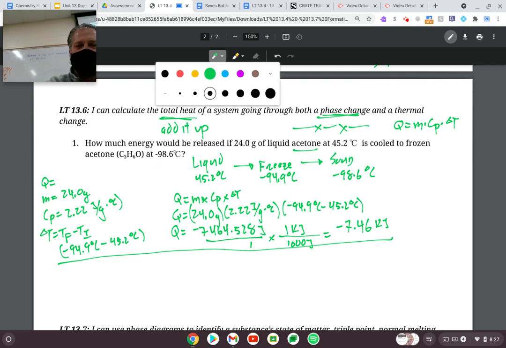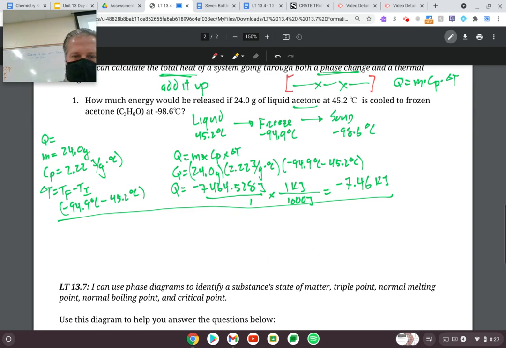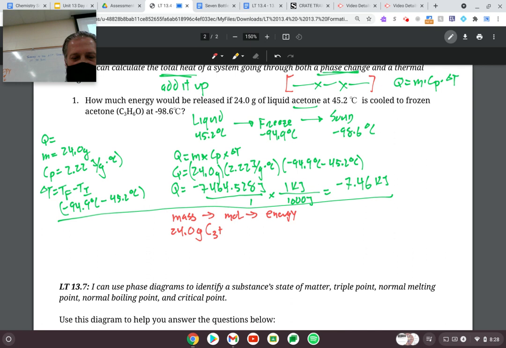My second calculation, because the problem actually dictated it, is going to be a phase change. And my phase change, remember, is going to be a stoichiometry calculation. So that goes, again, mass to mole to energy. So I'm going to take the mass, which is 24.0 grams of acetone, C3H6O, put it over 1.